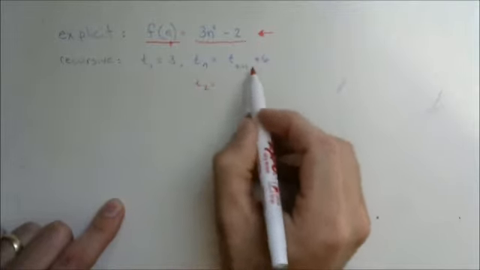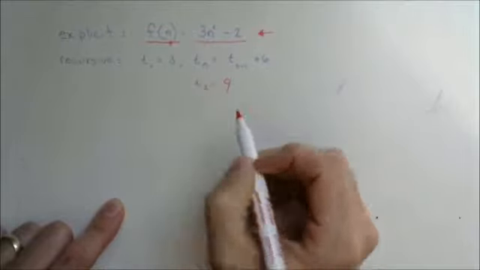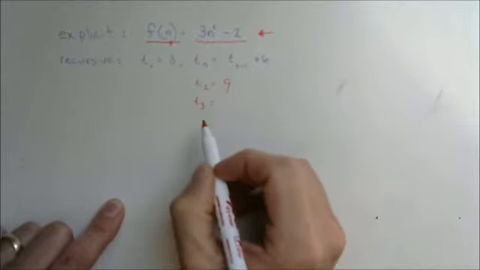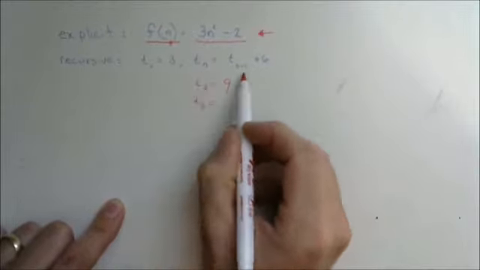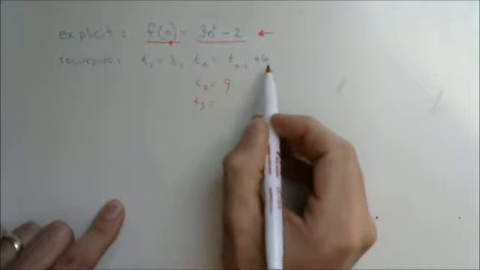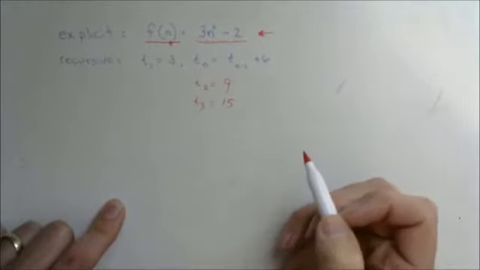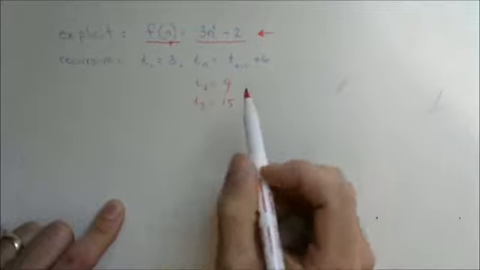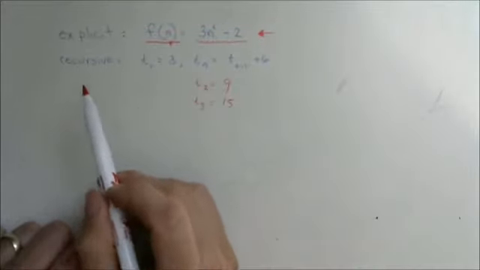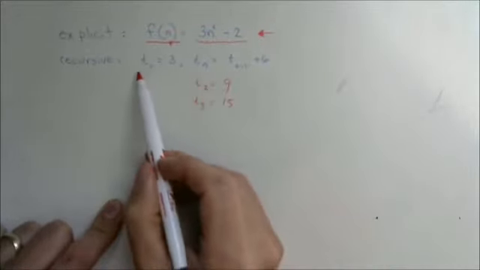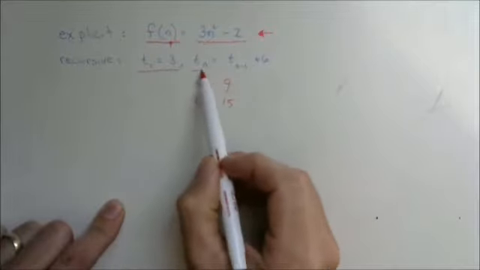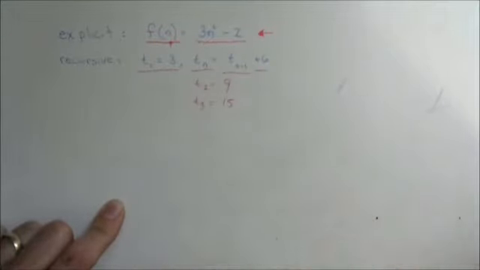So 3 plus 6 is 9, okay? The third term, we would simply take the previous term, which is 9, and add 6, 15. Okay, this is a simple example, but that's what it means to have a recursive procedure, that you can start at a given term and you can get the next term, okay?